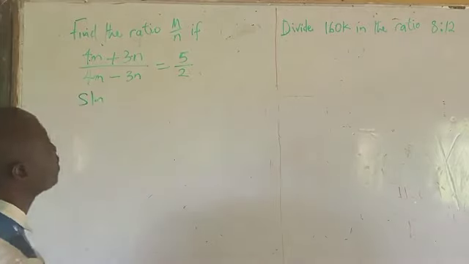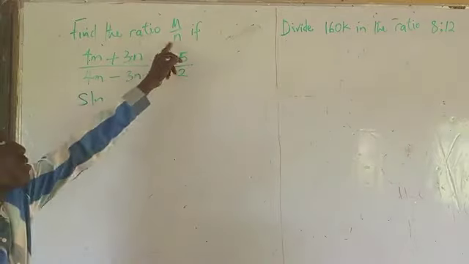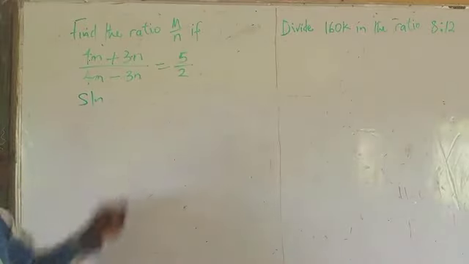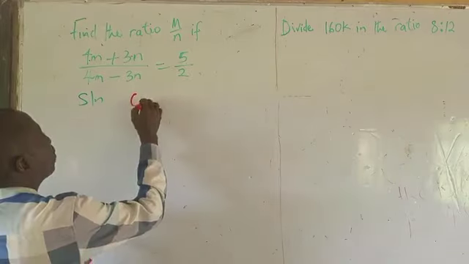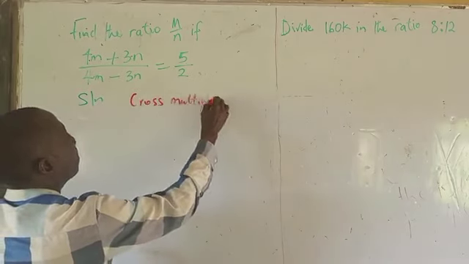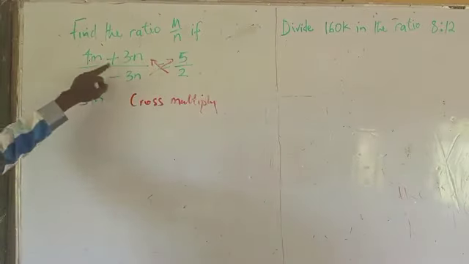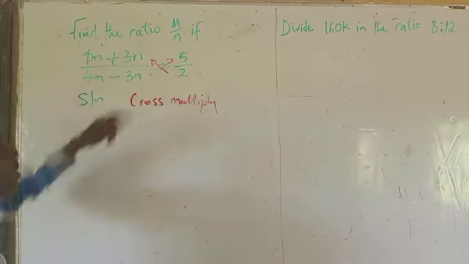Solution. The first thing we must do, we are having two unknowns, and the two unknowns must be expressed in this form, m over n, and we are having a constant on the right hand side equal to 5 over 2. So what we do first is cross multiply. 2 should multiply 4m plus 3n, and 5 should multiply 4m minus 3n.